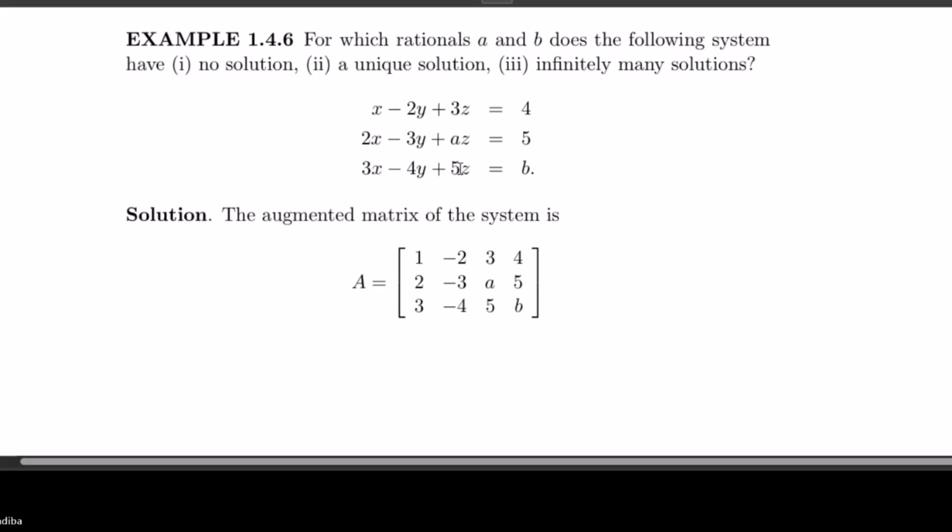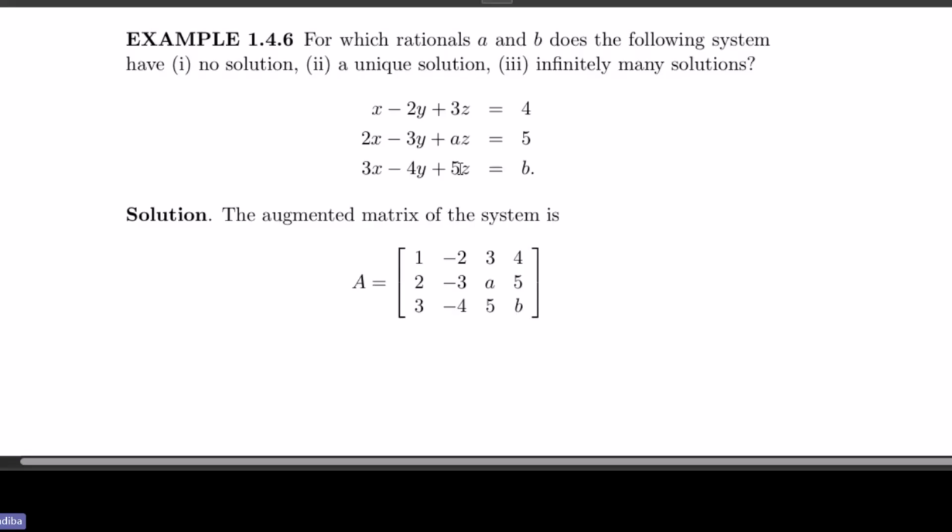So this matrix will have no solution if A is equal to 4 and B is not equal to 6.